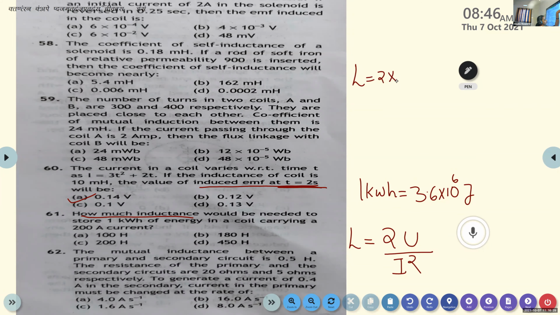Two into the energy 3.6 into 10 raised to 6, divided by I square. Current is 200 square.